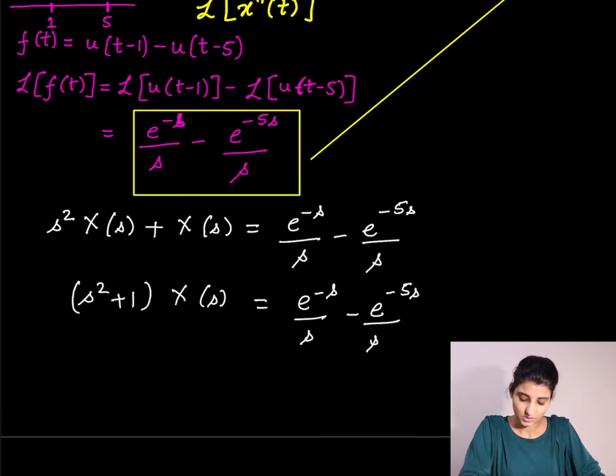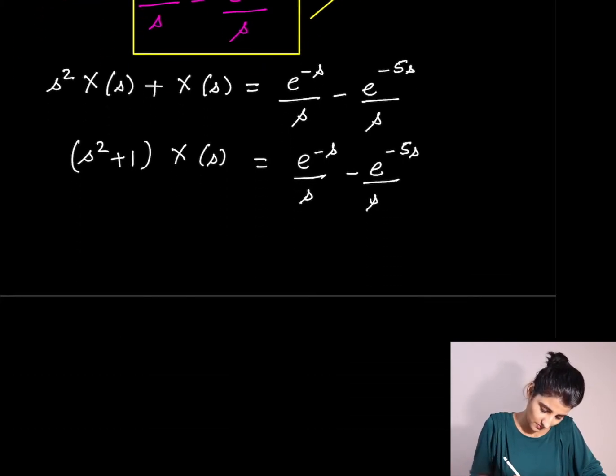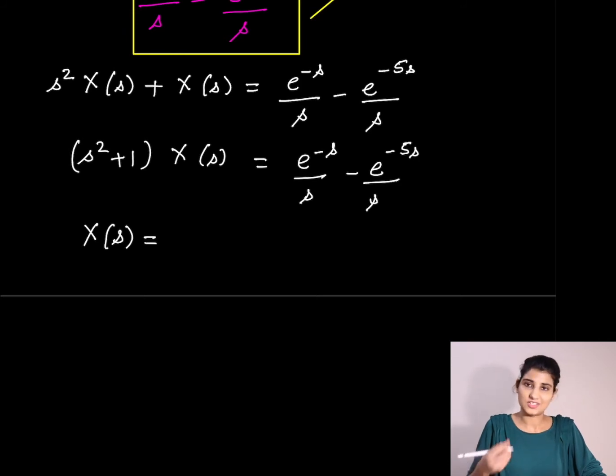We pull out X(s) to get s squared plus 1 because we want to solve for X(s). Now we will divide by the coefficient of X(s). Remember the steps? We take the Laplace transform, we find the value of X(s), and then we take the Laplace inverse.